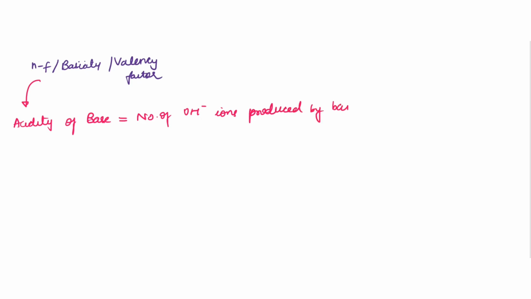Say for example, you take magnesium hydroxide. It is a base, we all know. It dissociates into Mg 2 plus and 2 hydroxyl ions. So here the n factor of magnesium hydroxide is 2 because it's producing 2 hydroxyl ions when dissolved.